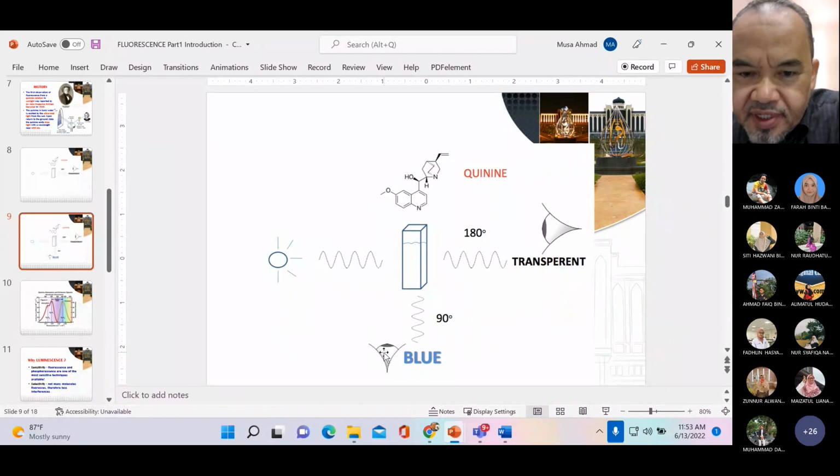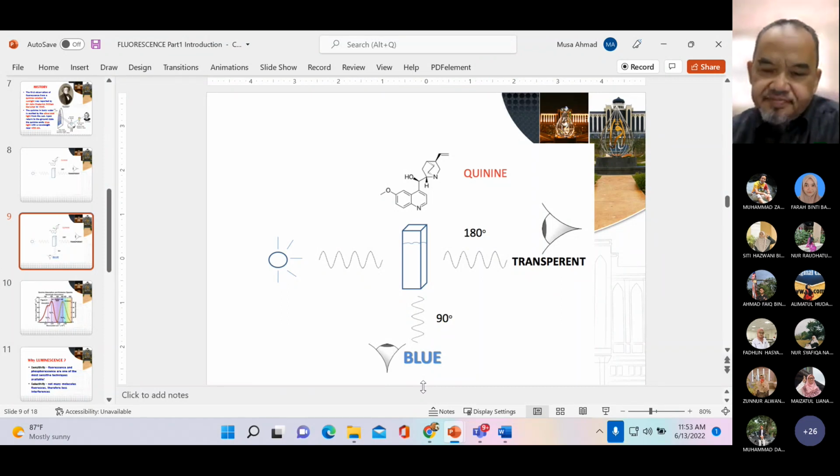That's why the measurement becomes very sensitive, because the background signal is much less.